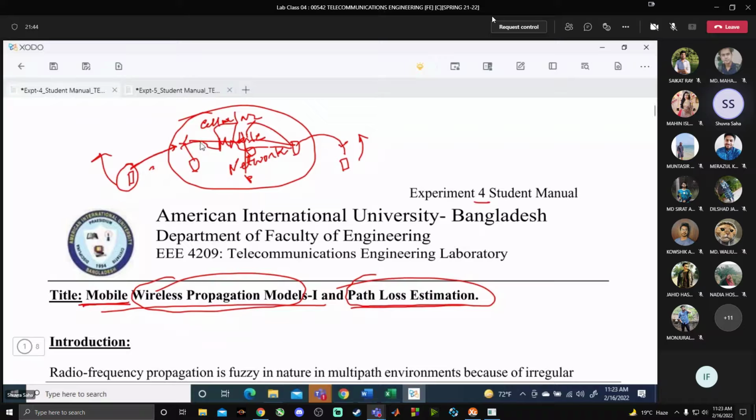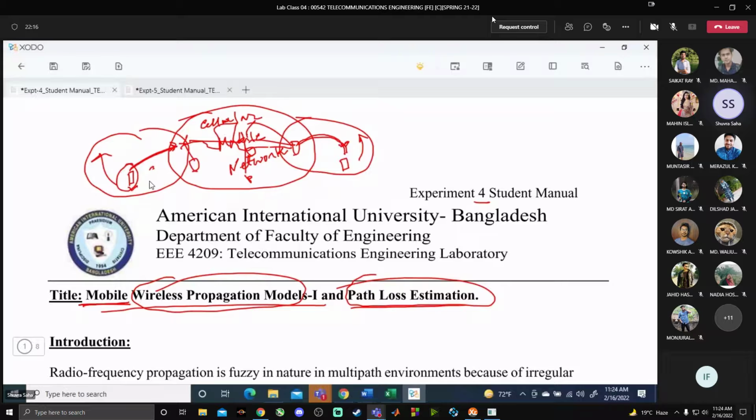If you see this part, the interface between the mobile user and the system, this is wireless. This part is also wireless. So today we will be talking about this wireless part, and a specific thing about it. Now, look at the environment between your mobile user and the nearest tower.